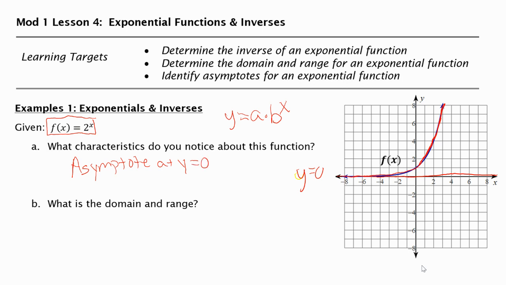So it's horizontal. We also have a domain and range where the domain is all real numbers. And the range, you can see it never goes below this y equals 0, but it never actually touches it either, right? So we can't actually include that value. So it goes from 0 to infinity.